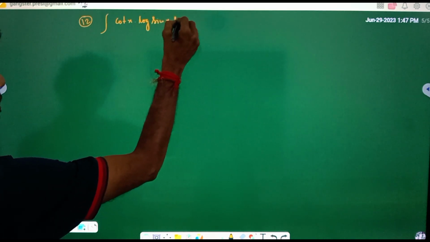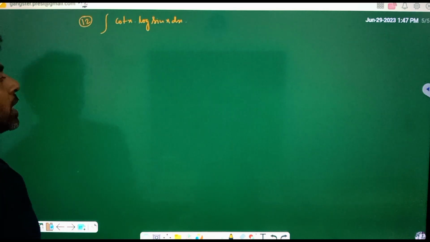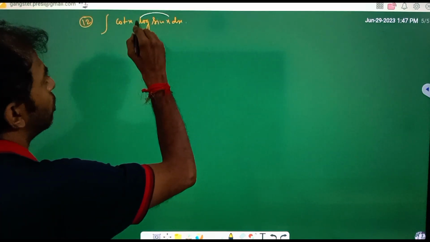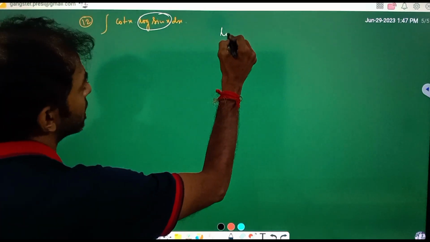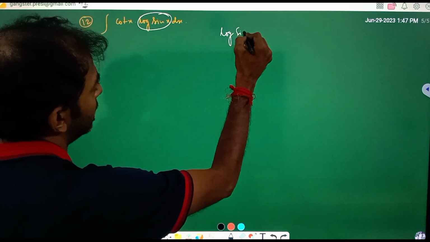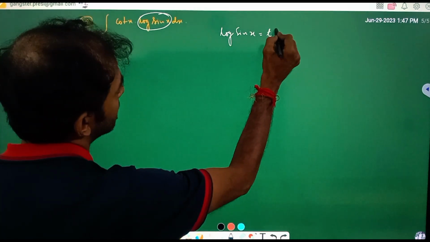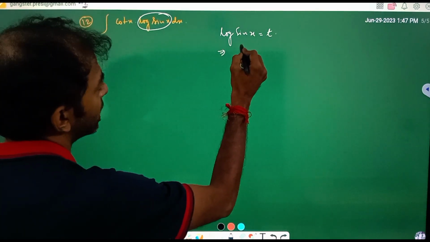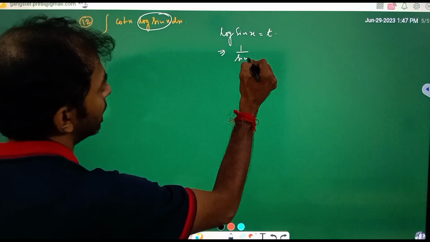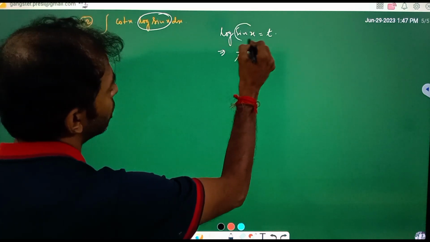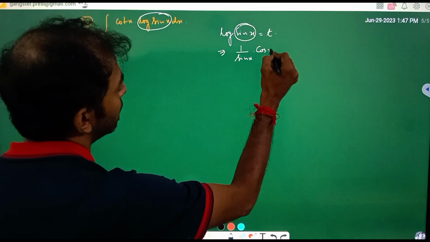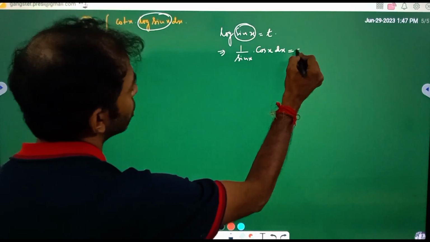Now just look at this one. If you consider log sin x as t, the differentiation of log sin x will be 1 by sin x, into differentiation of sin x, which is cos x, into dx, and that's going to be dt.